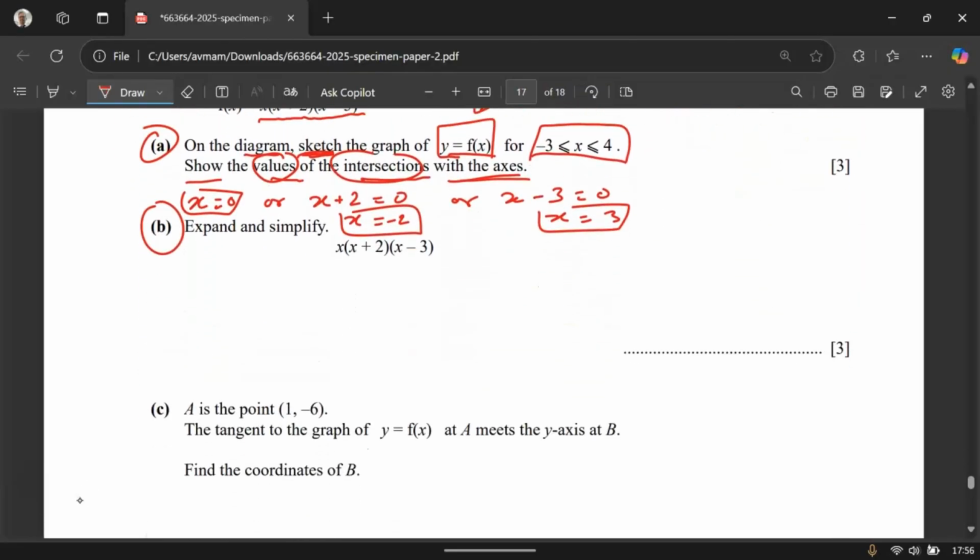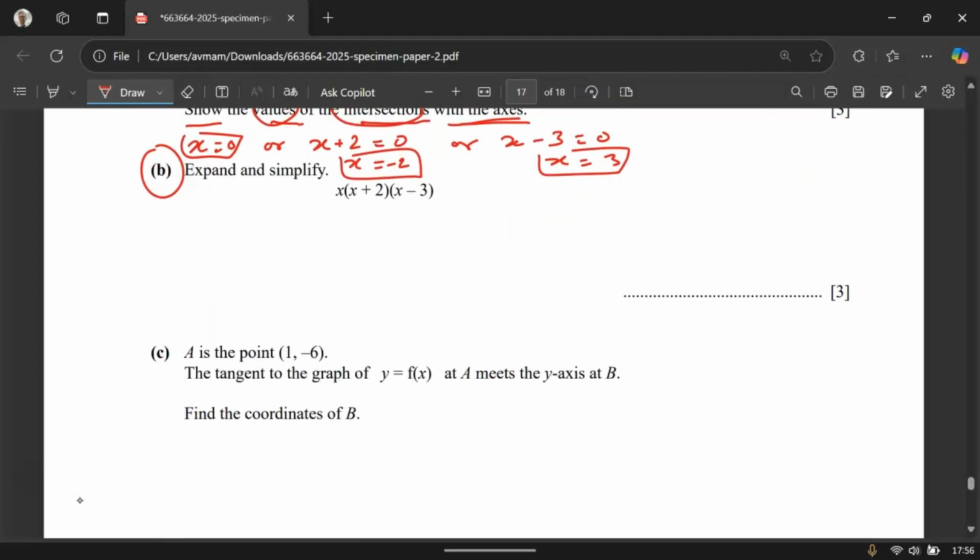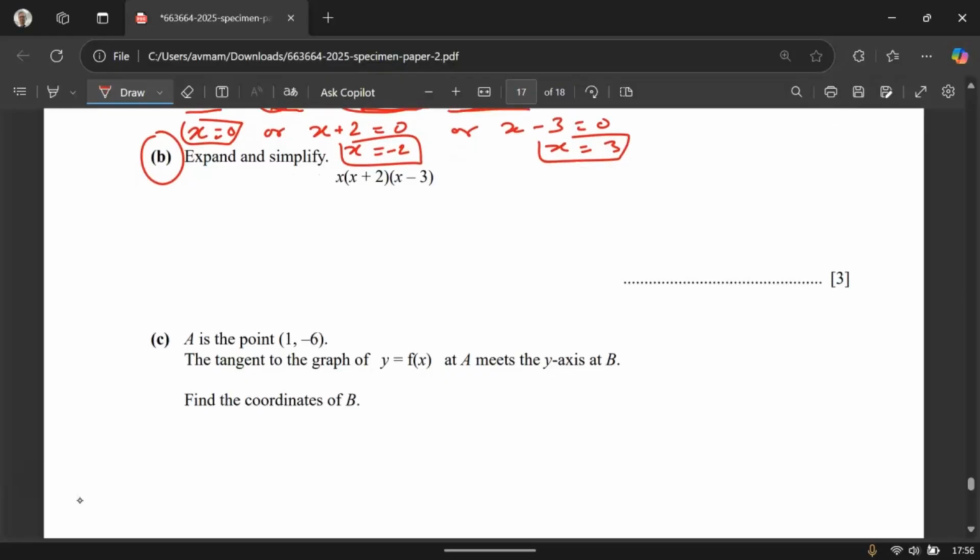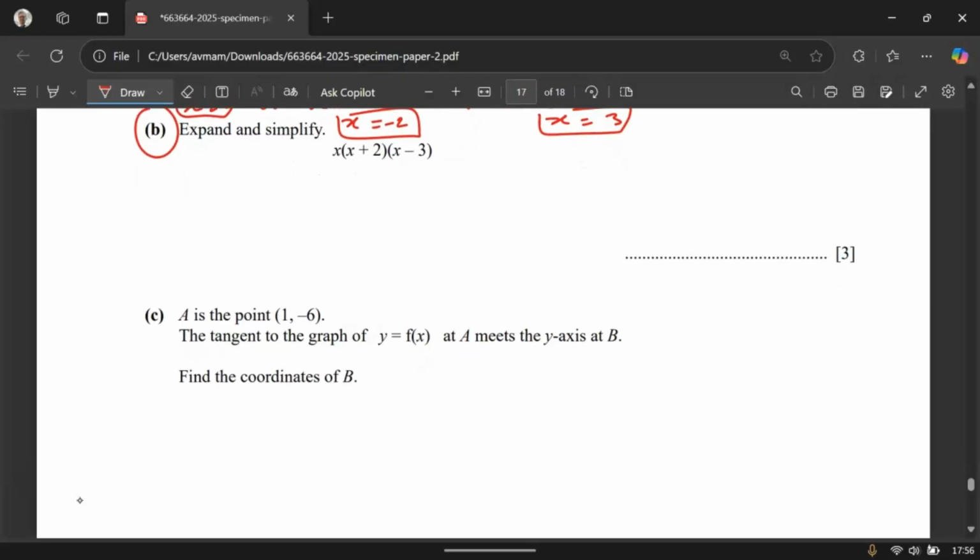Expand and simplify x times (x plus 2) times (x minus 3). So let's multiply the first bracket with x. That gives us x squared plus 2x, and then times (x minus 3).